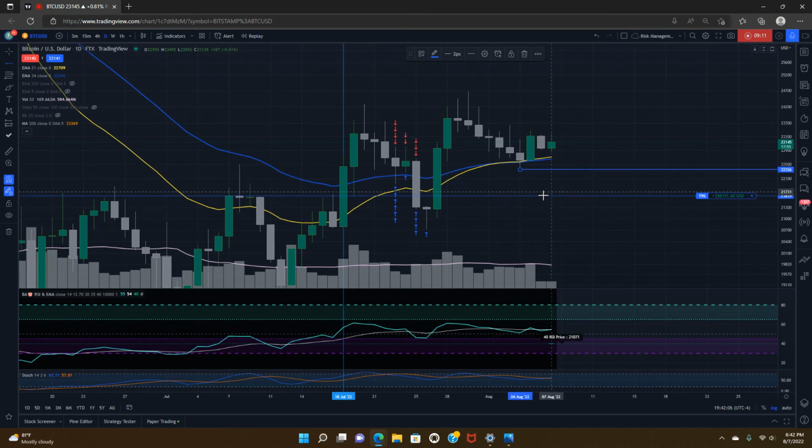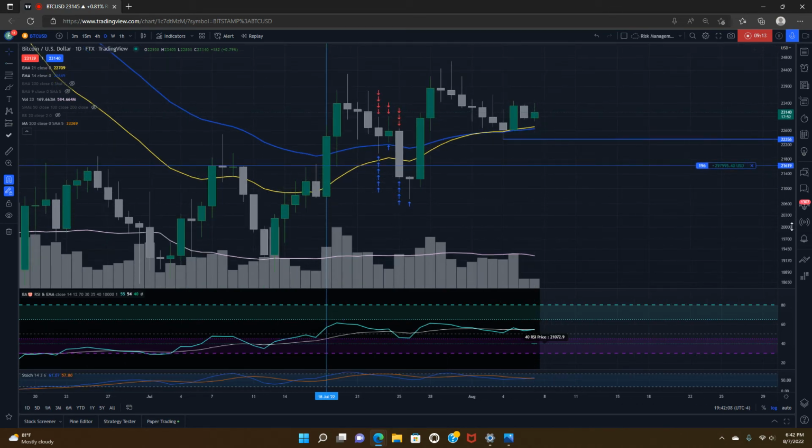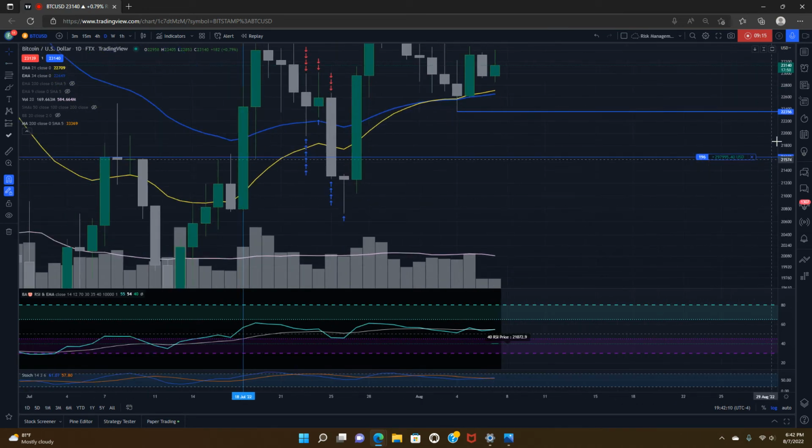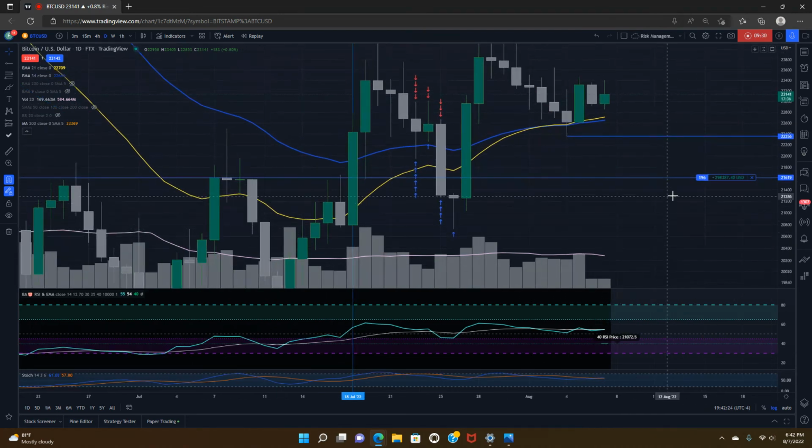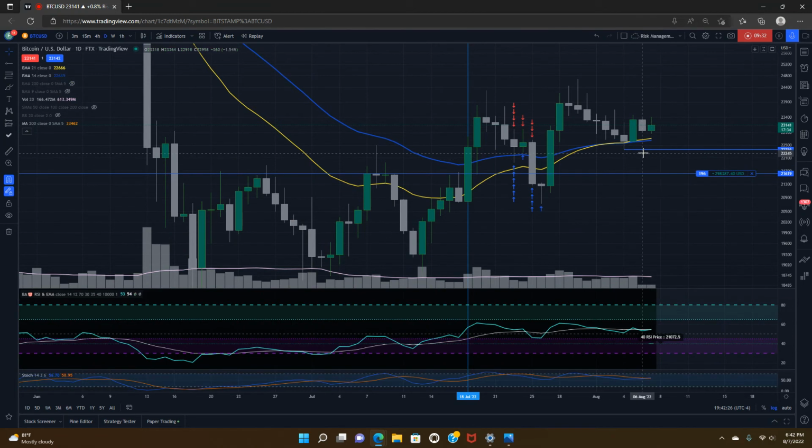But that is the area where I'd start managing risk, and in that region, at least pull off some of the excessive risk that I have on the current position. But again, it's not a hard and fast line in the sand. Price could come down here and run liquidity down here and then do something different.